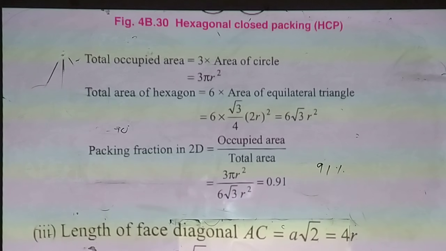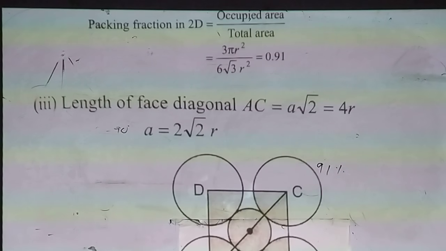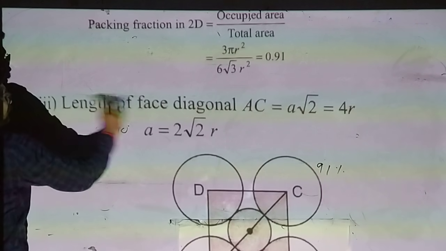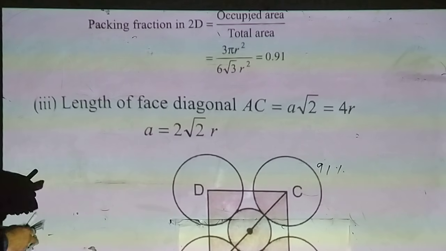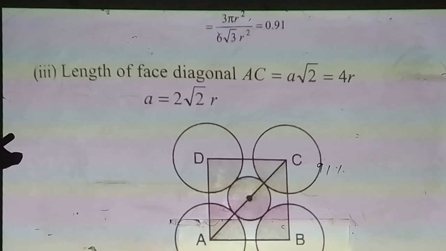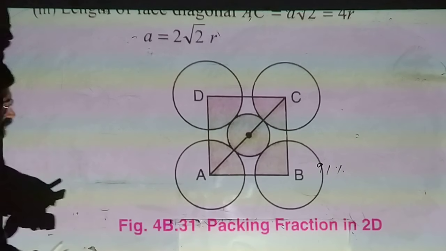In 3 dimensions it is 74, sorry, and here it is 91. That was for 3 dimensions, here is for 2 dimensions. Now the FCC in 2 dimensions, yes sir.